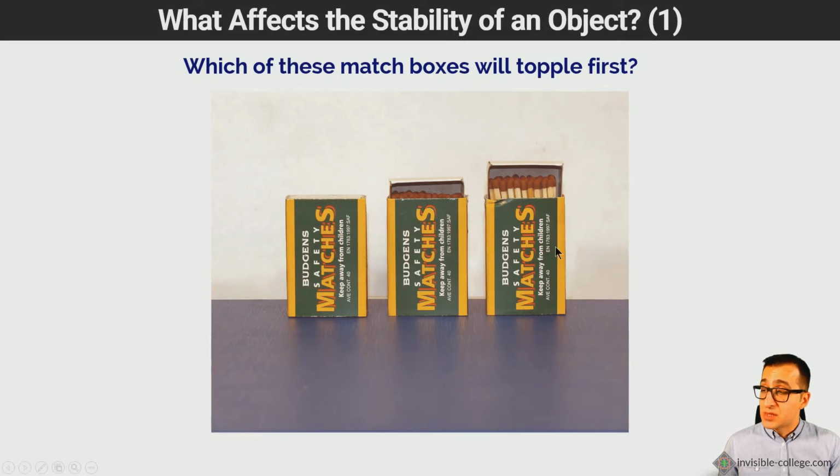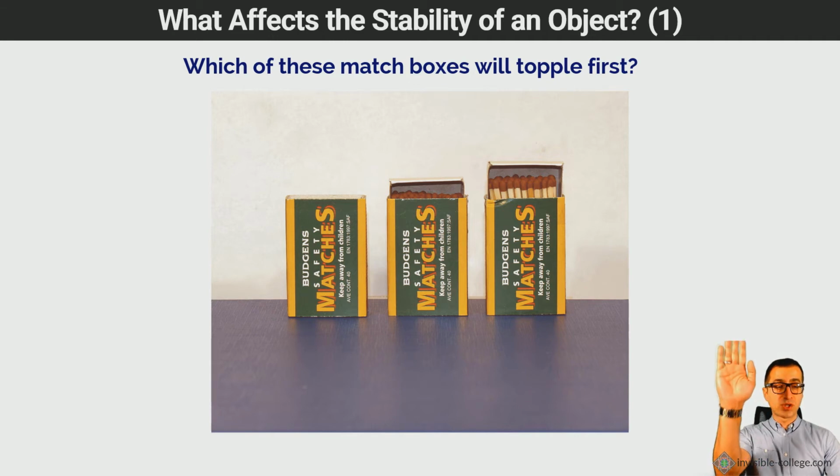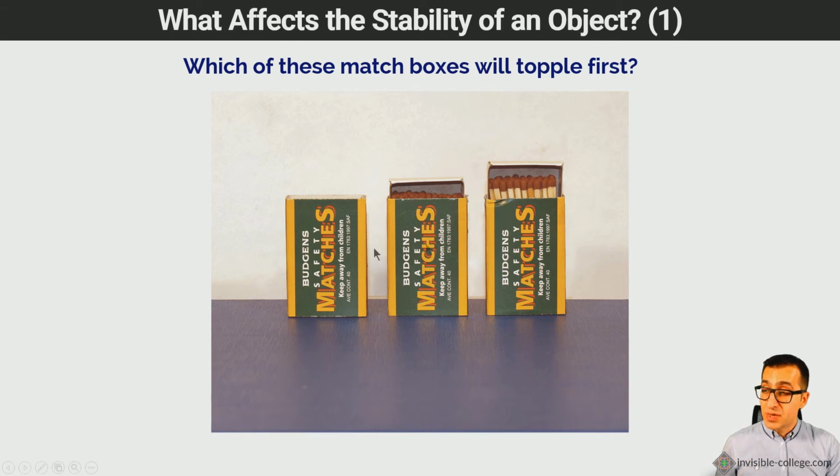So let's imagine we've got these three boxes of matches here on this table. Now, here's a question for you. If this table that you're looking at here in this diagram was to tilt towards you like this, which of these three matchboxes would topple first? So I'm going to pause here and let you answer this question. If you're watching this on my website, the video will pause and you can enter your answer here.